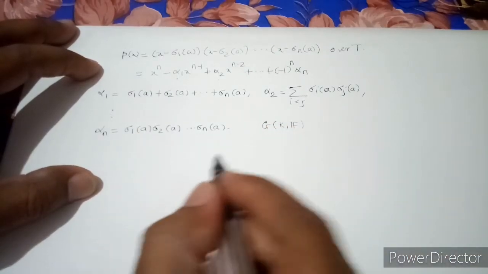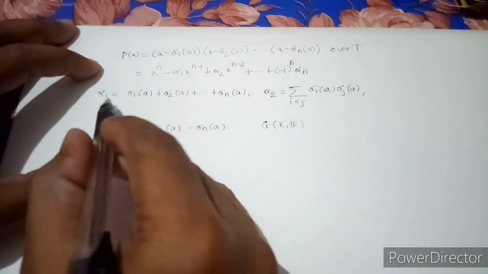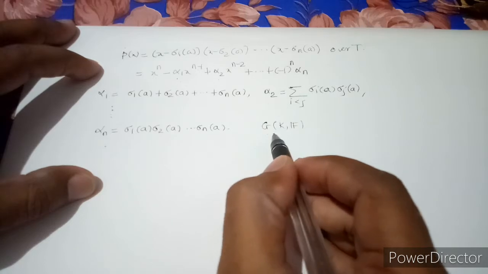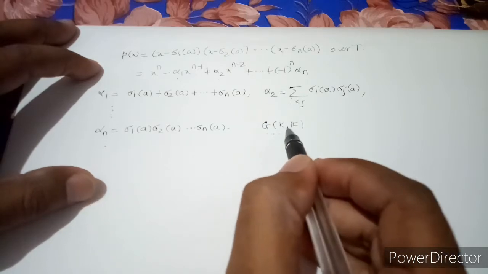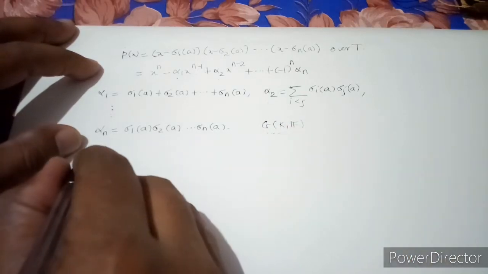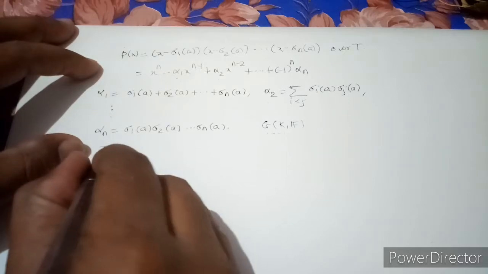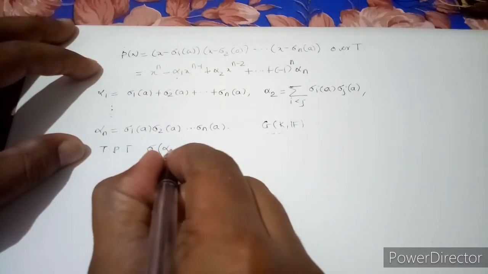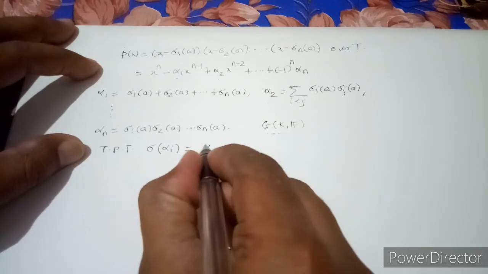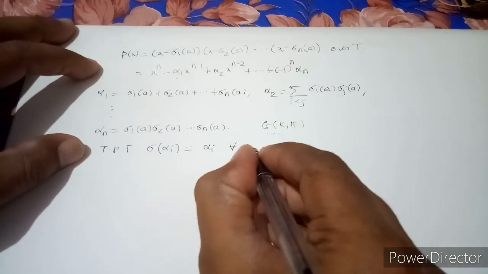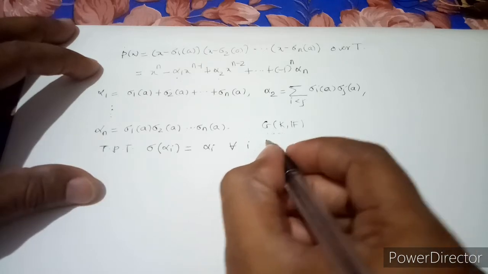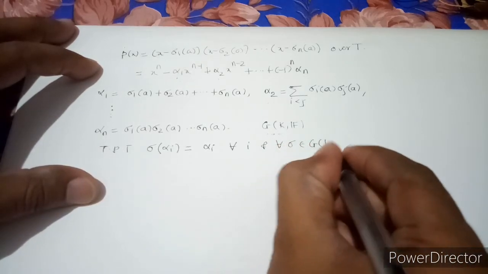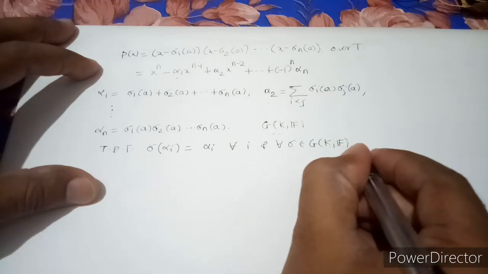By this it means all these elementary symmetric functions are invariant under all the elements of G(K, F), and that is to prove that sigma of alpha i is equal to alpha i for all i and for all sigma belonging to G(K, F).